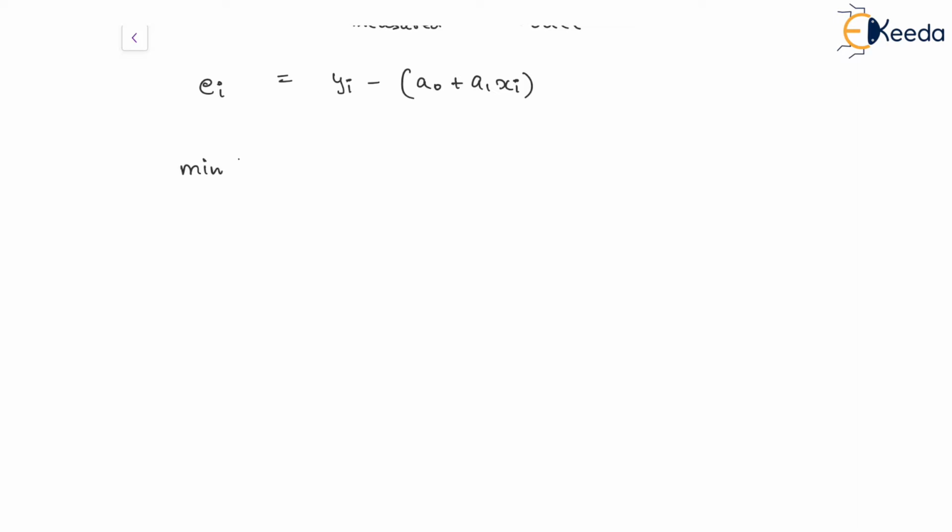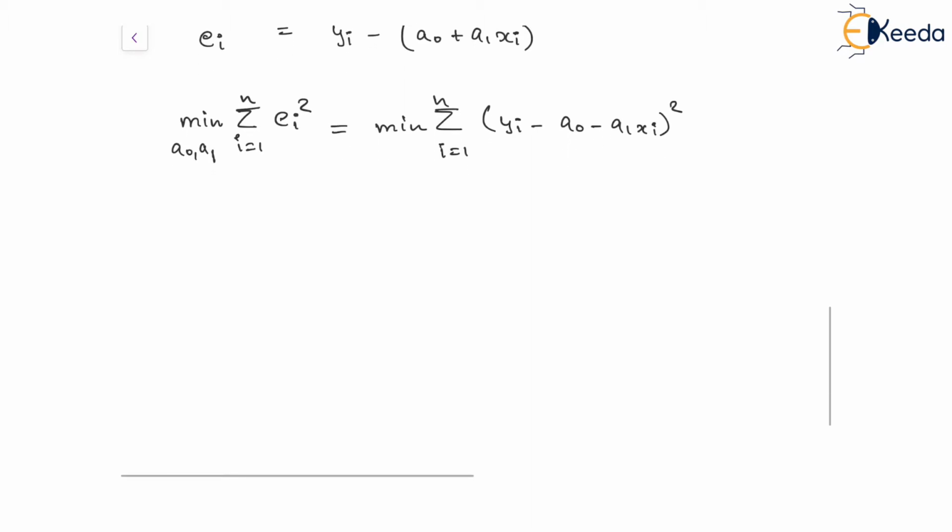For minimum of error square, for i equal to 1 to n with the variables a0 and a1, this will be equal to minimum of summation i equal to 1 to n yi minus a0 minus a1 xi whole square. Now with the help of calculus, we can try to minimize this error in terms of the two variables, that is a0 and a1.